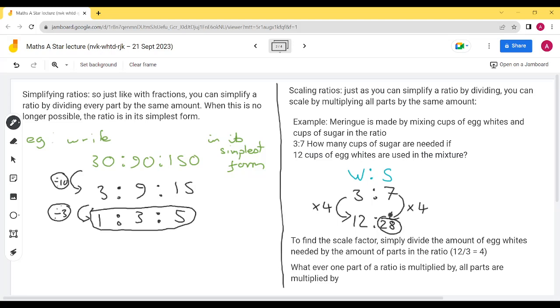So you see, with scaling, it's unlikely you'll get a question where it just says scale a ratio by 4. It will probably be a question like this where you need to find a number, and this will get you to your conclusion at the end. But again, I'm just going to give a second to copy this down, and then we will move on.